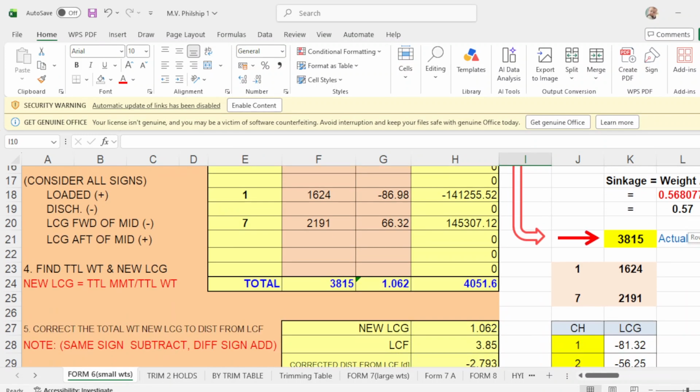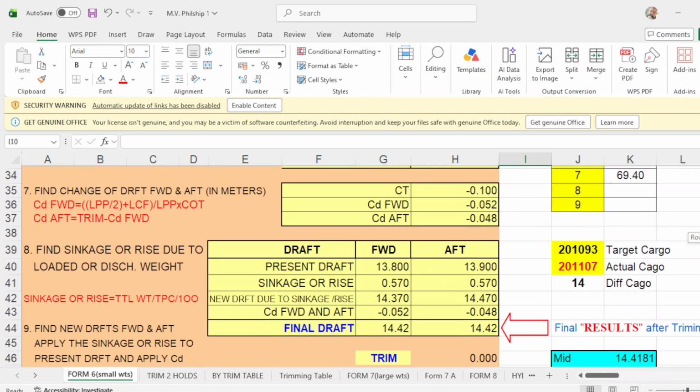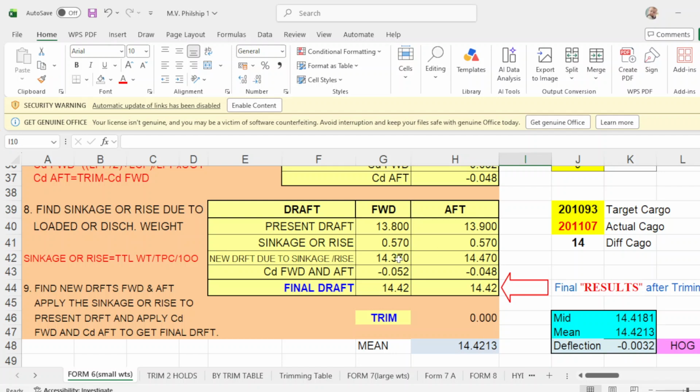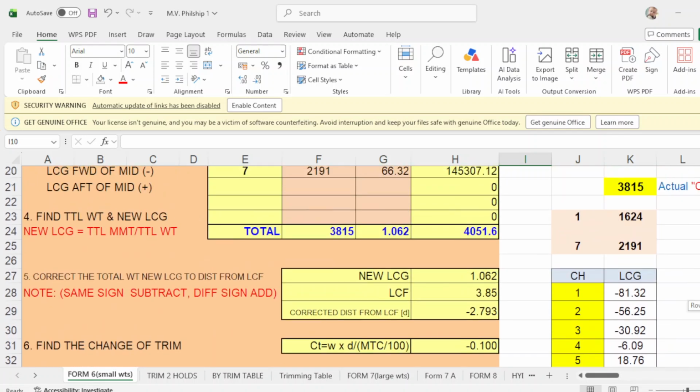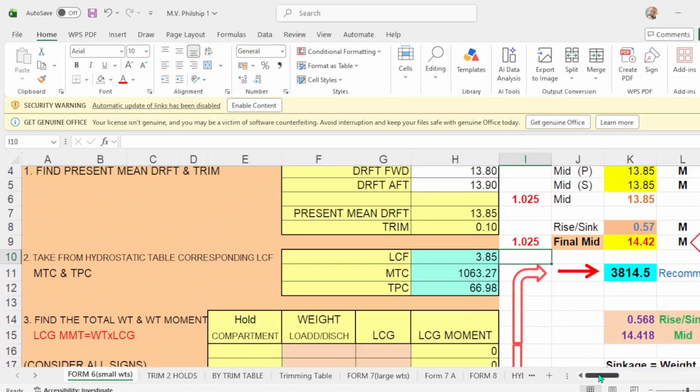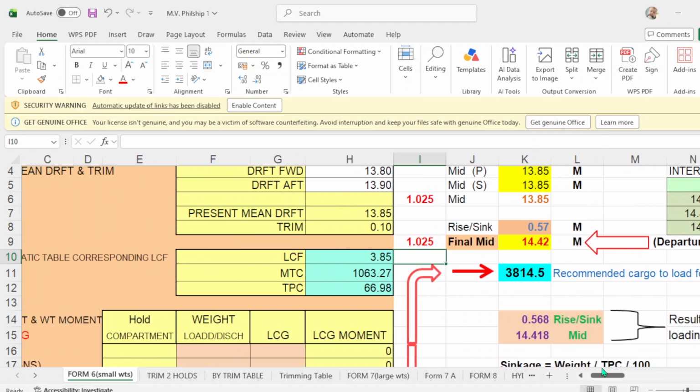So scroll down, and your departure drop forward is 14.42, up drop is 14.42, so trim is 0 and your main is 14.42, which is the same as your target drop, the tropical drop, which is 14.18.